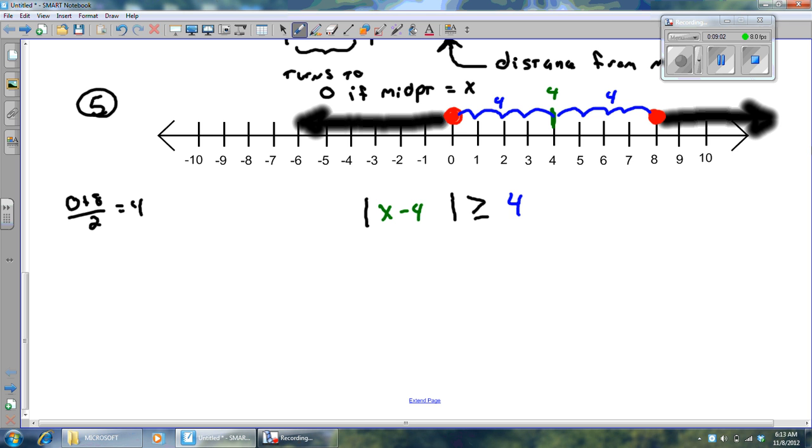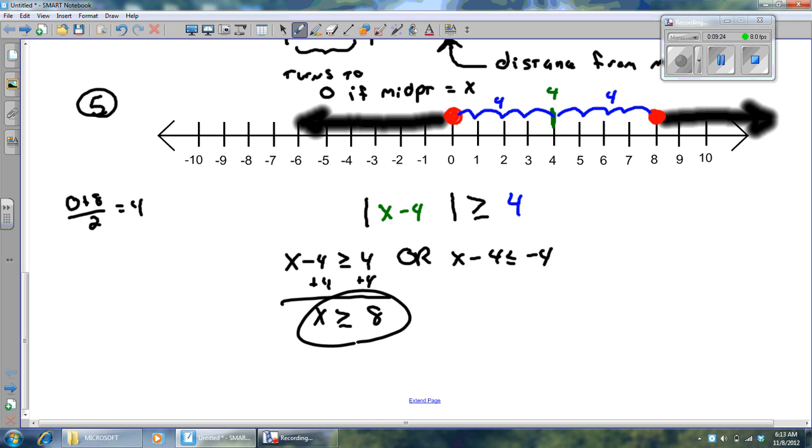So to solve this, just to check and make sure I get the picture I'm supposed to get, x minus 4 is greater than or equal to 4, or x minus 4 is less than or equal to -4. I'll add 4, x is greater than or equal to 8.